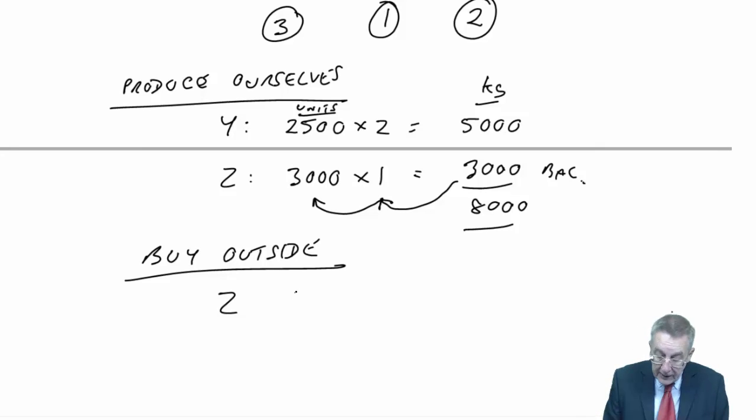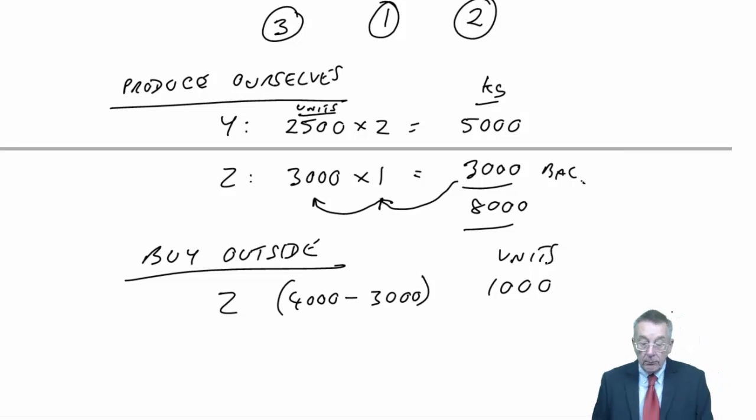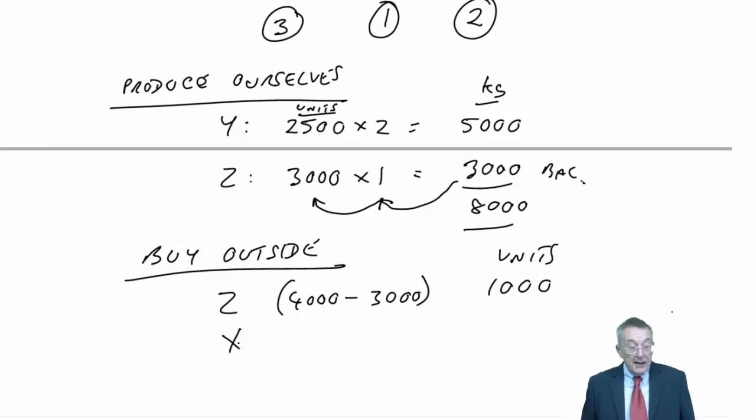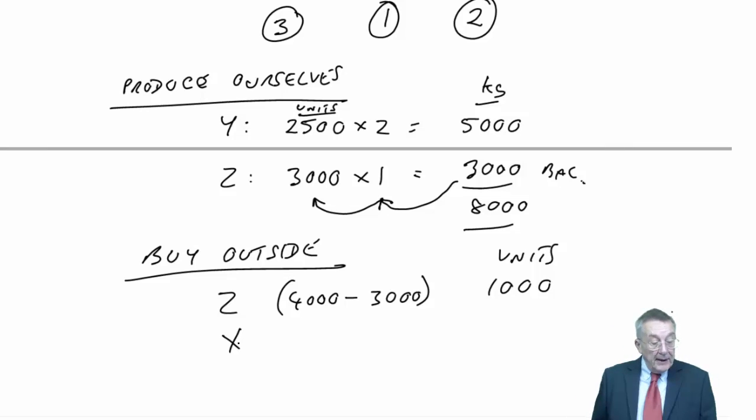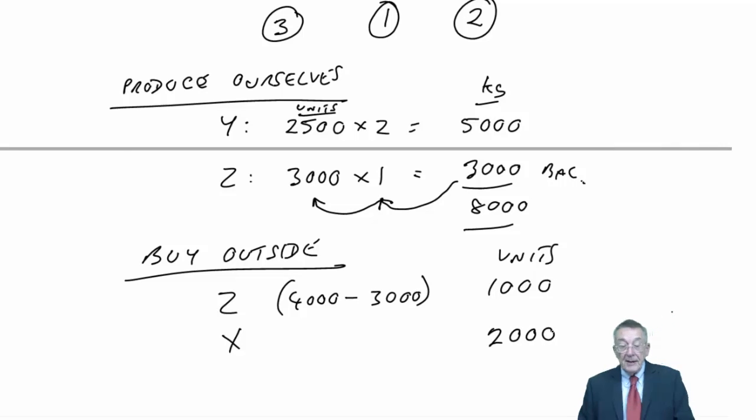We can sell 4,000, we're producing 3,000, so we'll buy 1,000 units of Z externally. And finally X, we're not producing any Xs ourselves. Demand is 2,000, so we'd buy 2,000 externally, and there we are. So there's how many we should make and how many units we should buy.